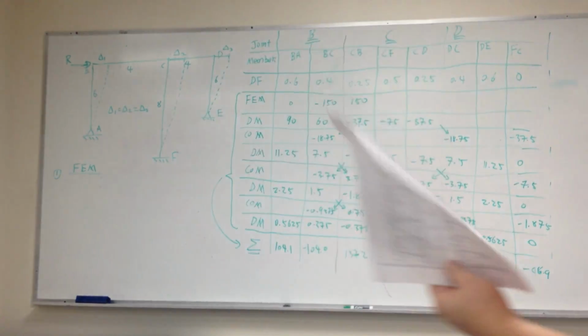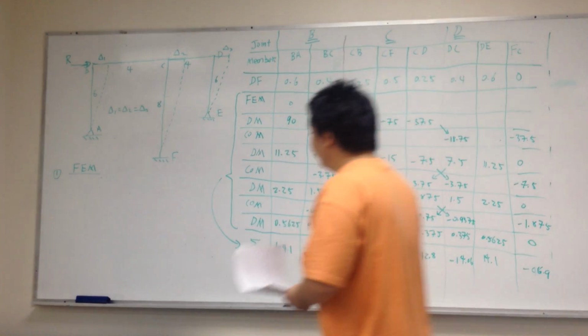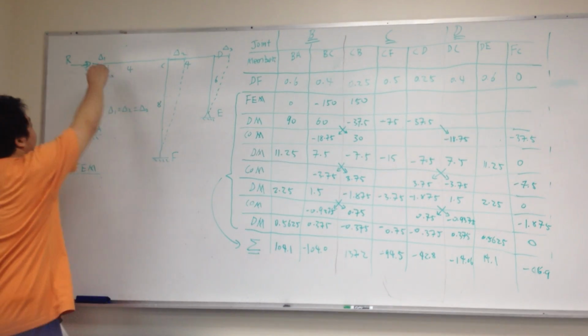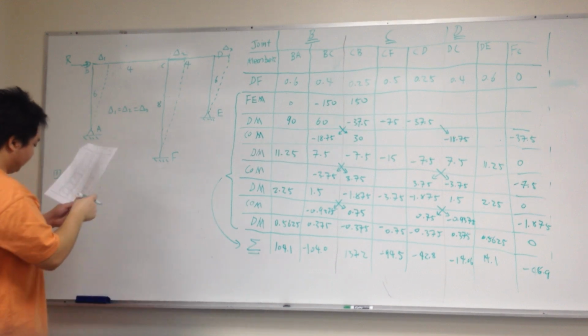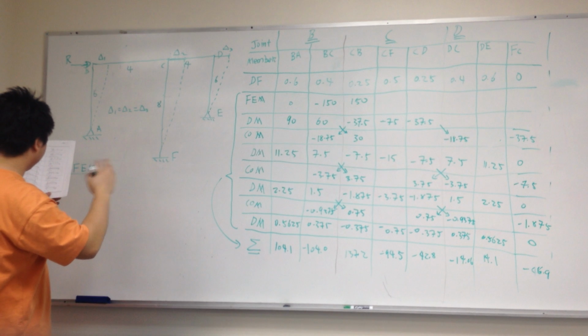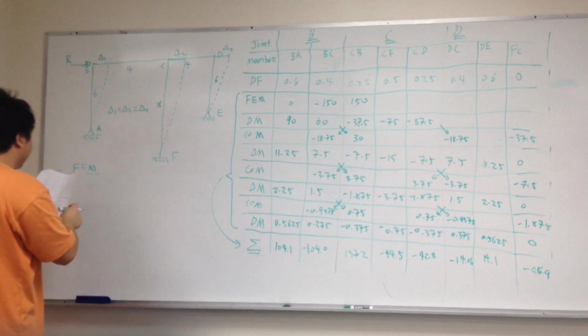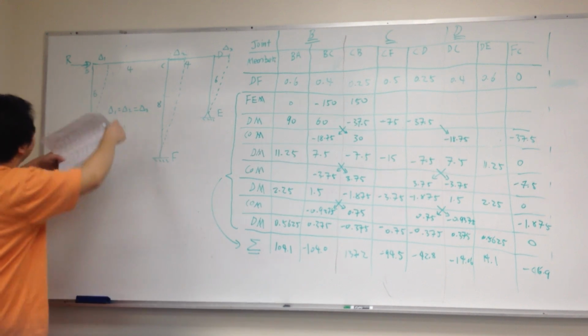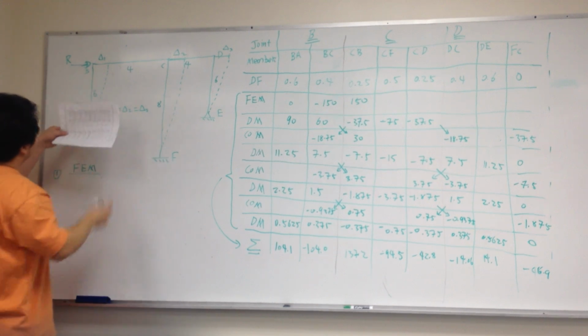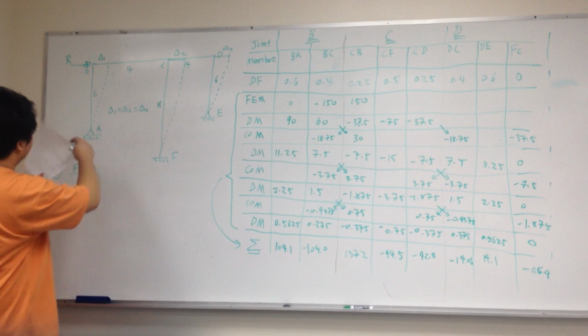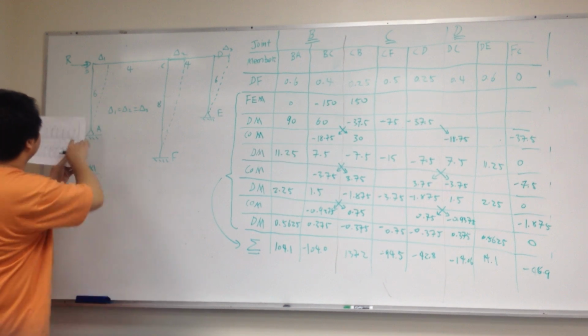So, in this case, we have a fixed and a far-end pin. So you're gonna use the right side one. So which is, and it's from, let me see, this way, no, turning that way.